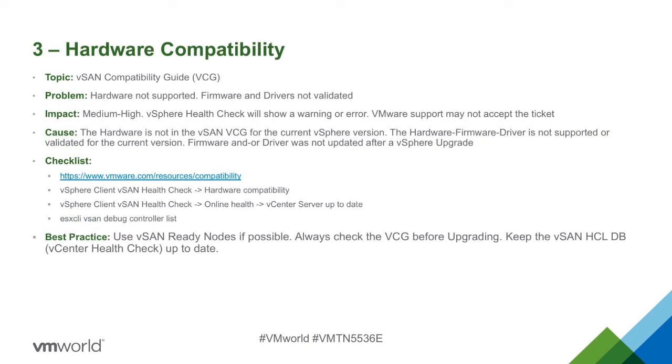So let's move to hardware compatibility. Rule number one, when we are working with vSAN clusters, we have to be in compliance with the hardware compatibility list. But the problem here is that, let's say that we are working with vSAN Ready Nodes, or why not VxRail.